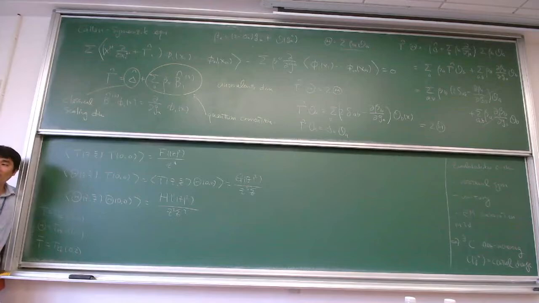That's why theta is non-zero. If it is conformal, the trace part is zero. So if the theory is not conformal, there is some length scale.